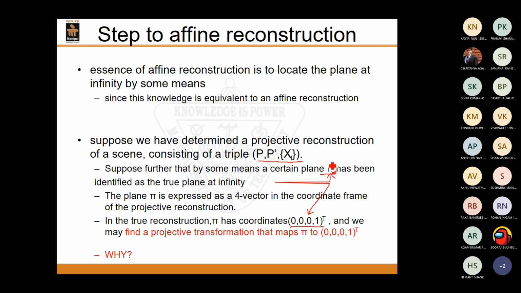That means if I can find a plane which can be mapped to the plane at infinity, which is given by 0, 0, 0, 1, then I can say that I am in the affine space. I'll just repeat once again. Here, let's say I have identified a plane pi, which can be mapped to the plane at infinity, which is given by the coordinates 0, 0, 0, 1.